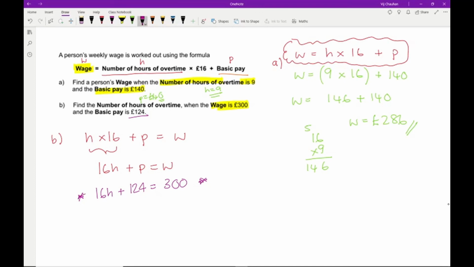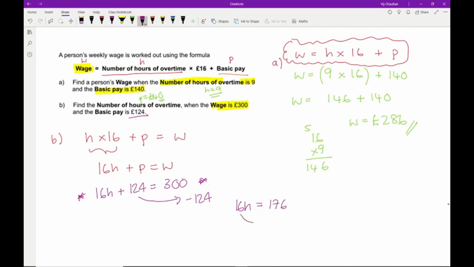Without even resembling an algebra question, it's automatically turned into one. So the question you've got to ask yourself is, what do I get rid of first, the 124 or the 16? And the correct answer is 124. So to get rid of that 124, I need to subtract 124. So I've got 16H equals, and if I do 300 minus 124, it gives me 176.